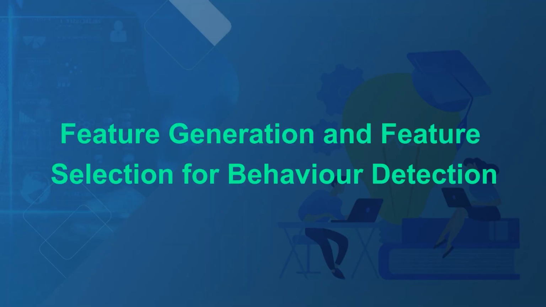Nowadays, automated feature engineering is fast gaining importance as an emerging area of research and practice. Finally, we briefly discuss the interesting topic of feature generation and feature selection for behavior detection.